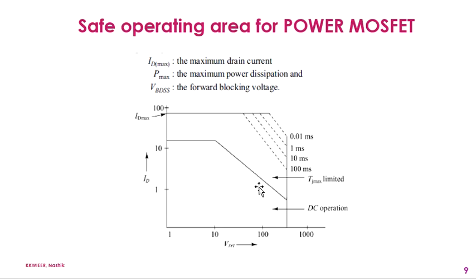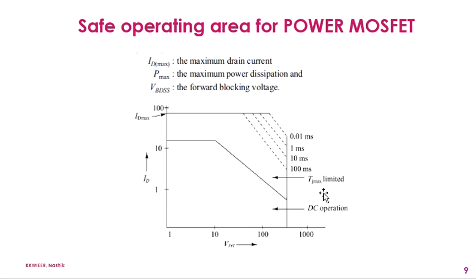The maximum drain current ID max at low drain voltages is limited by the power dissipation rating. The maximum forward blocking voltage VBDSS at low drain currents is determined by avalanche breakdown. The maximum power dissipation limit is based on the maximum permissible temperature Tj on the semiconductor junction in the device.